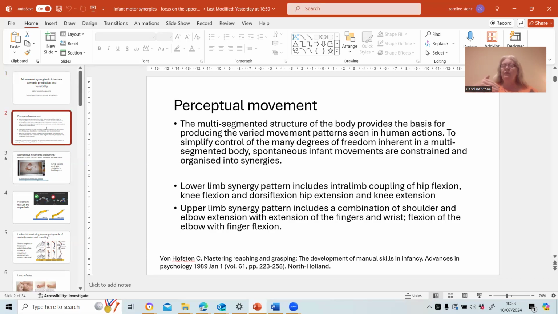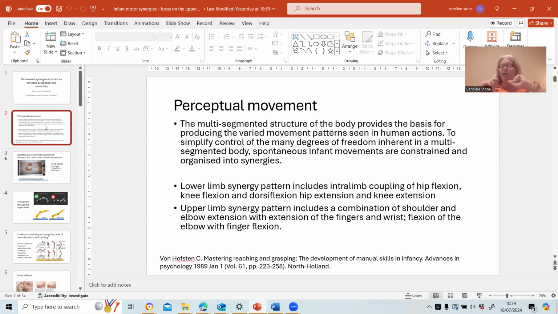But we are, of course, a multi-segmented structure, and so in our body we have lots of subunits, all of which are mobile individually, and so all of those structures have to be somewhat collated together and moved in a synchronous manner, first in one direction and then in another and then in another, so that we've got this multitudinous variety of movements possible. So each single segment needs to be able to cooperate within a multi-segmented movement.